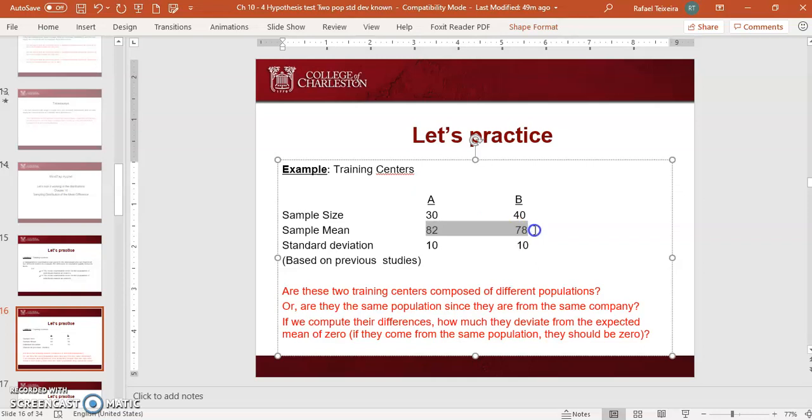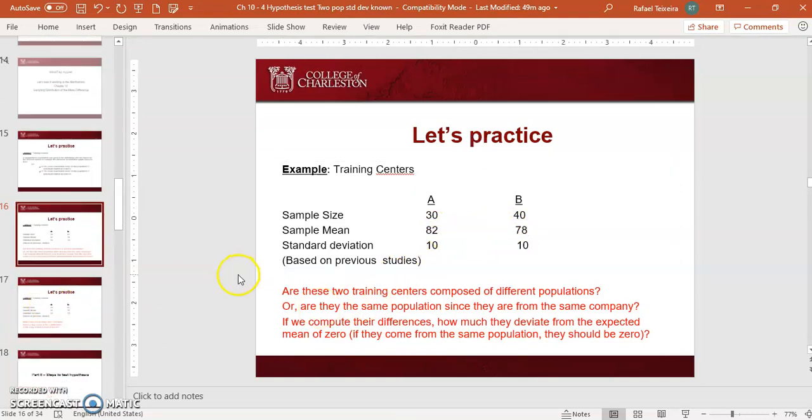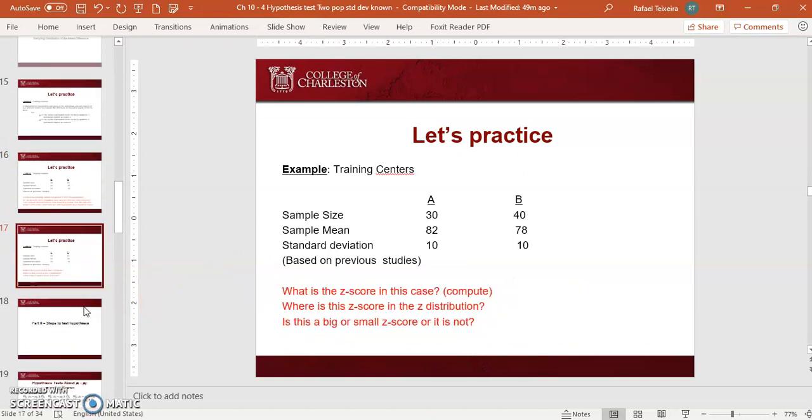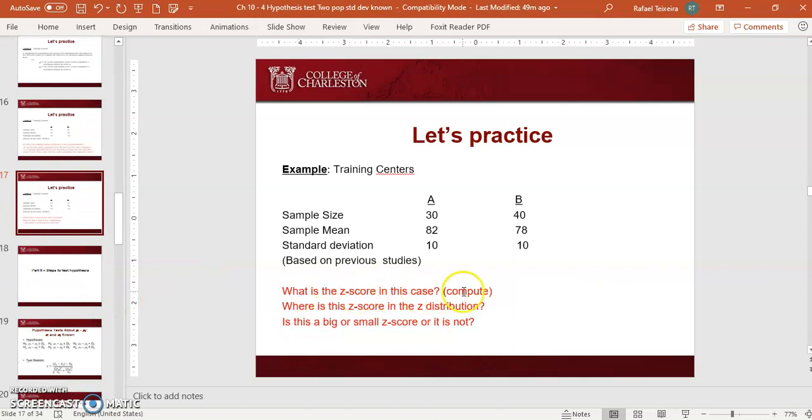No difference between the training centers. In this case, we have a difference. So how are we going to compute a z-score for this difference and see how much it deviates from 0? Remember, 0 is the mean for a standardized distribution, or z-score of 0. Okay, so what's the z-score in this case? We could compute that.